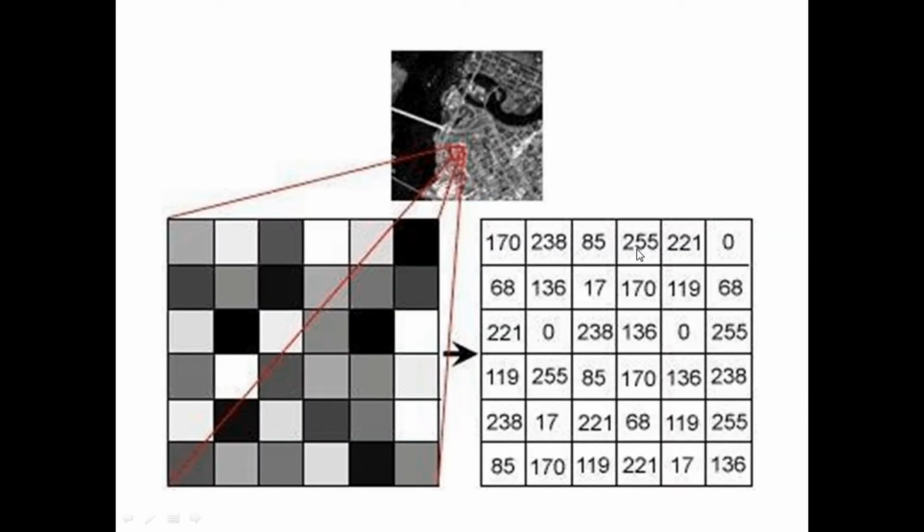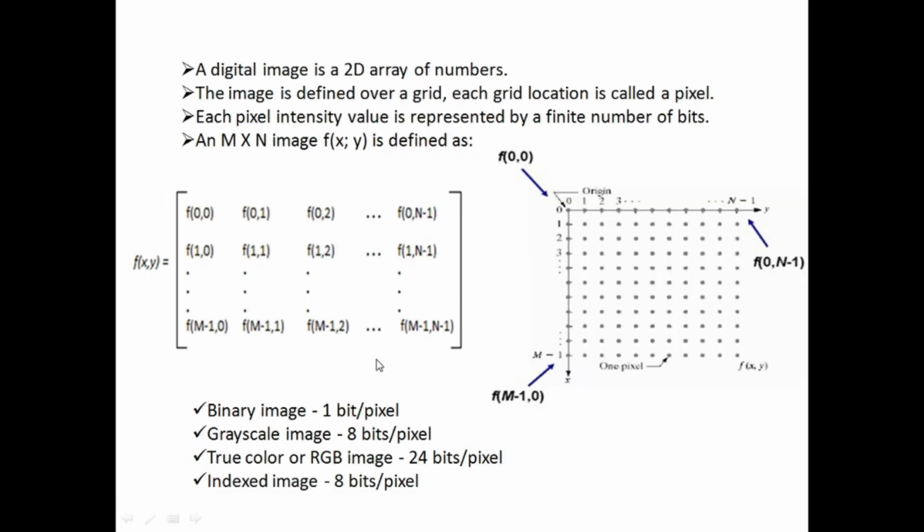So 255 can be represented as 11111111, and 0 is represented as 00000000. So every pixel is represented in terms of 8 bits. That is why each pixel carries 8 bits in its location or capacity.